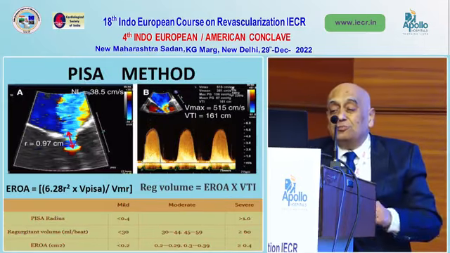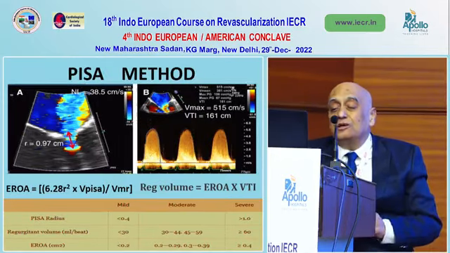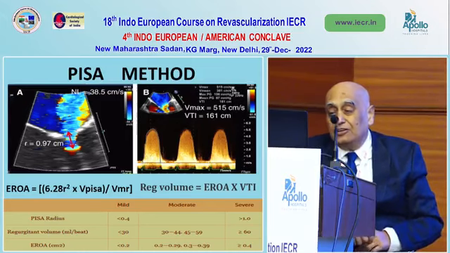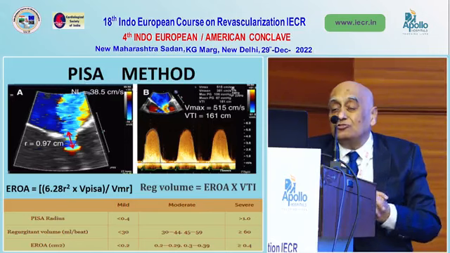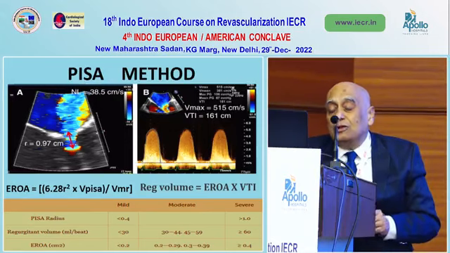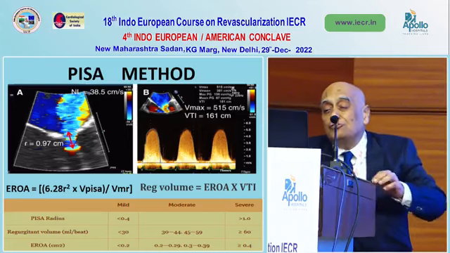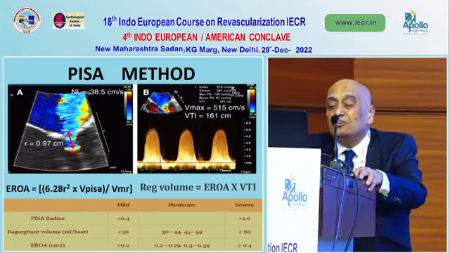Similarly, you could use the PISA method. I will not be going into the depths of the PISA technique, but suffice to say that we take the flow acceleration on the proximal side of the mitral valve. This is a transesophageal echo, so the LV is down and the LA is above.